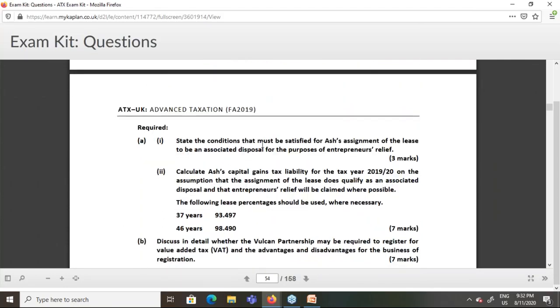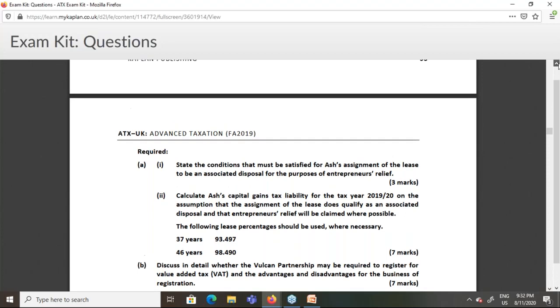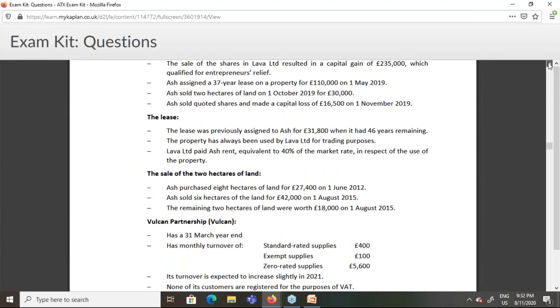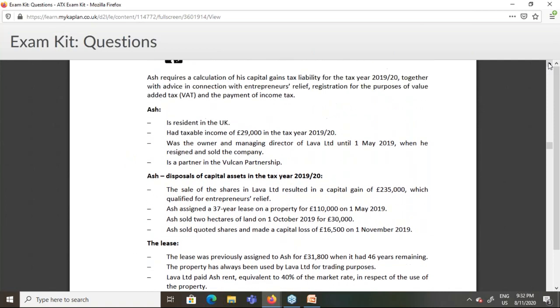State the conditions that must be satisfied for Ash's assignment of the lease to be an associated disposal for the purpose of entrepreneur's relief. Okay. Now, what has happened here?